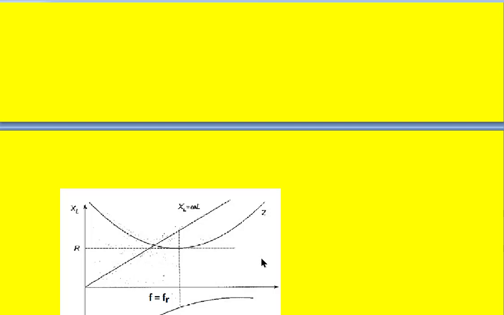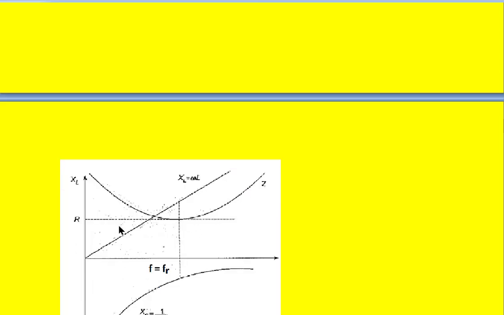So in this region, we find that Xc is more than XL up to here. After this, XL is more than Xc. That can be seen very clearly here.